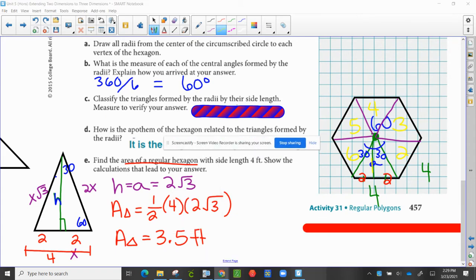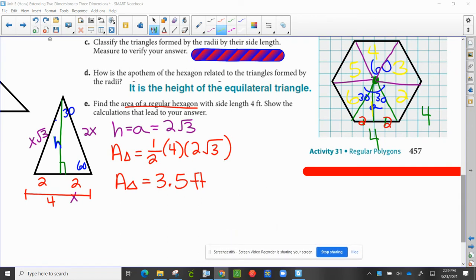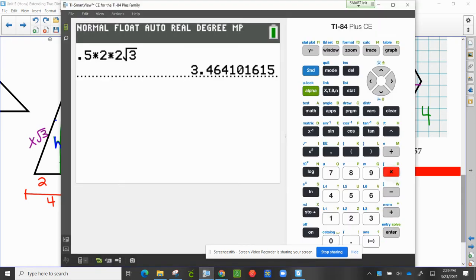If the area of one triangle is known, that's the area of all the triangles, because they're all the same size since it's a regular polygon. So the area of our hexagon will just be the area of our triangle times 6, because we had 6 triangles. Let's do this in our calculator. Times that by 6. We get about 20.8.